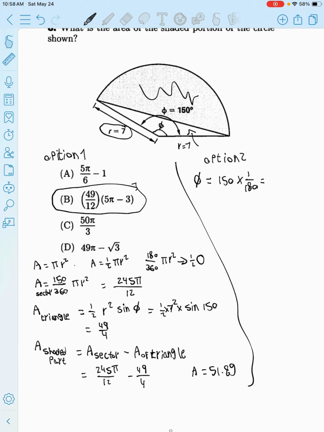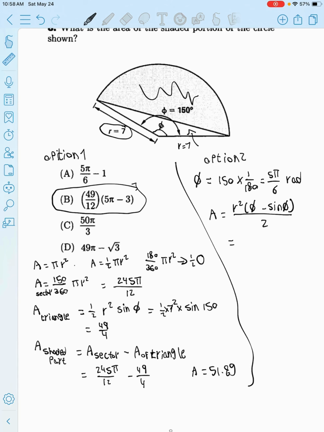Anytime you want to change from degrees to radians, you do that, and it gives 5 pi over 6 radians. Then the area is r squared times phi minus sine phi, over 2. That is r squared multiplied by the phi that we got, minus sine phi, over 2.